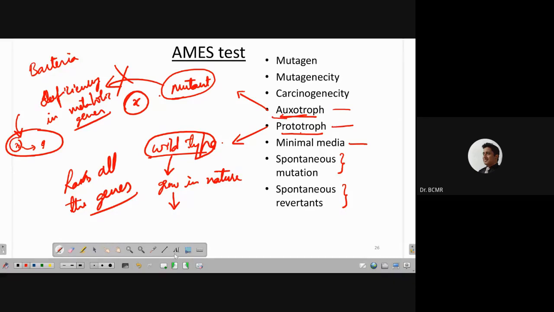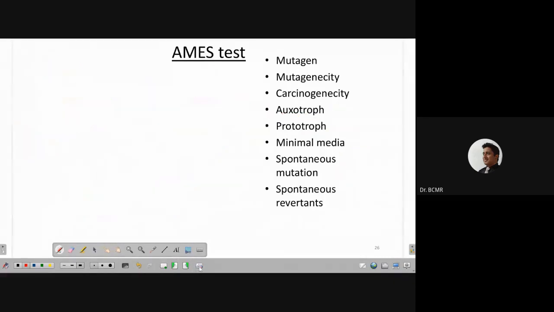Now let's see one more thing called minimal media. There are several categories of media, but for our purpose, we will talk about what is meant by minimal medium and rich medium, which is also called complex medium.